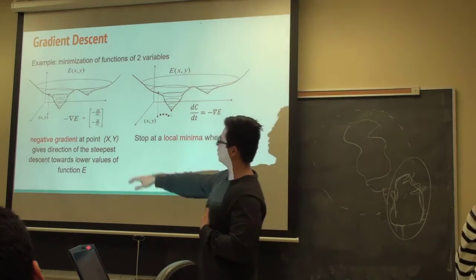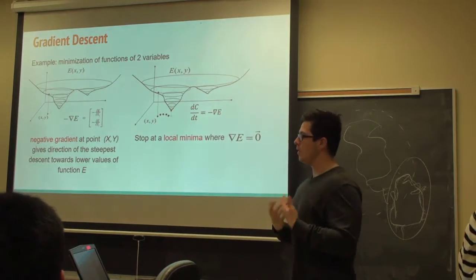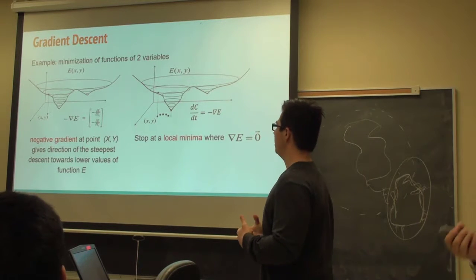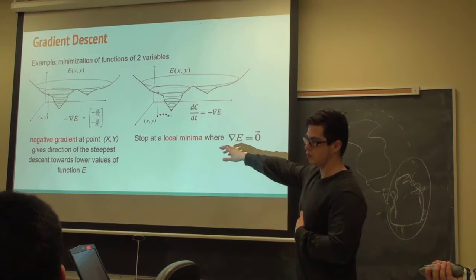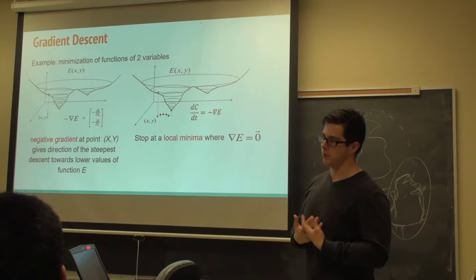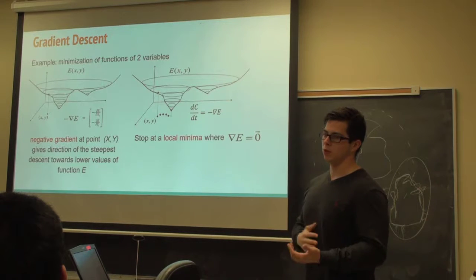This is a simple representation where we're taking the partial derivative of E with respect to x and with respect to y. It is important to know we have to set this equation equal to 0. That's what allows us to get as close to the local minimum. Something quick to note: when you do gradient descent, you can get more than one local minimum.